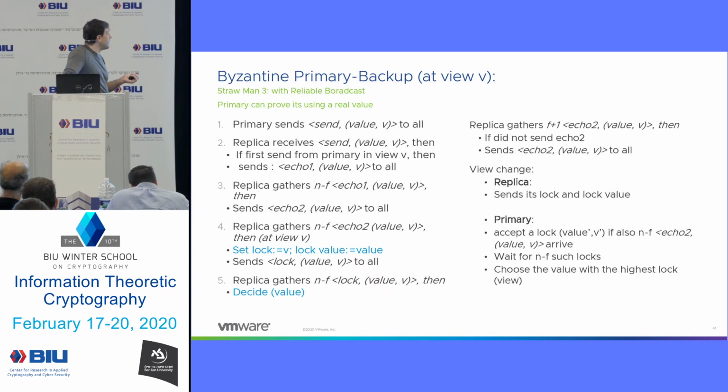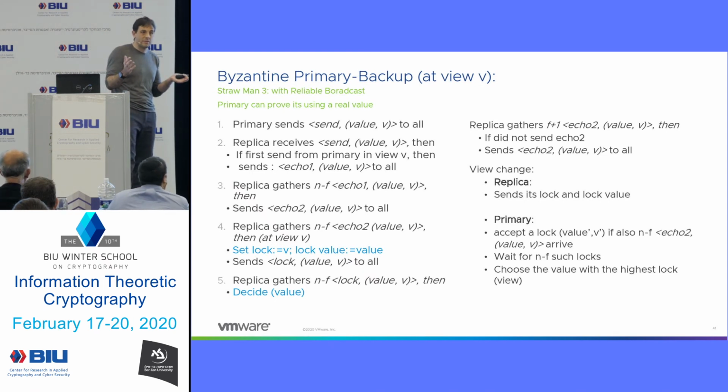And now we have this echo 1 and echo 2. And the thresholds here are n minus f. So you send a message, and if it's the first message, you send this echo 1 to everybody. If you see n minus f of it, you send echo 2. If you see n minus f of that, then you accept the primary's message. So that's essentially the same as in the omission model as just receiving a propose.